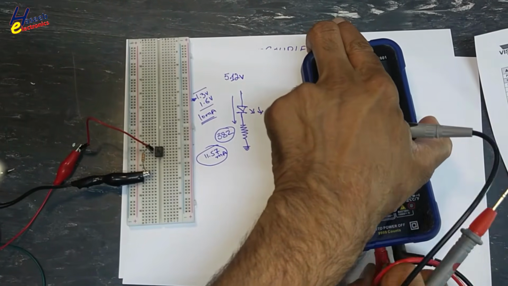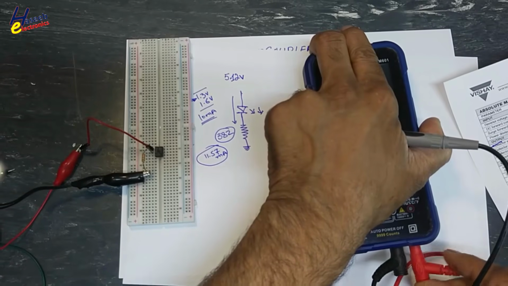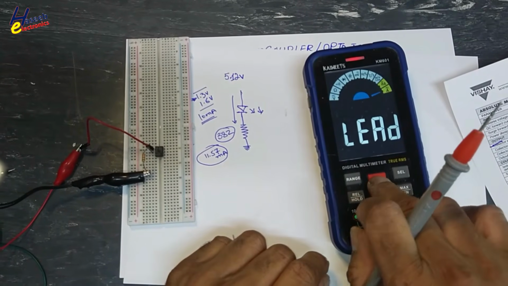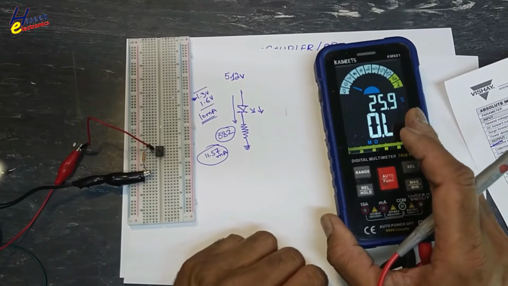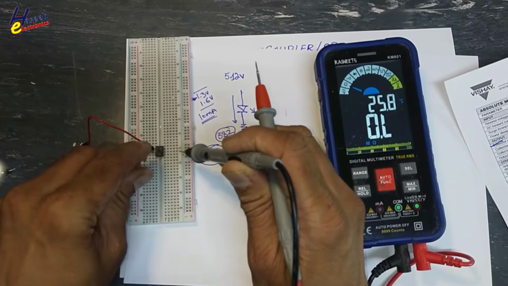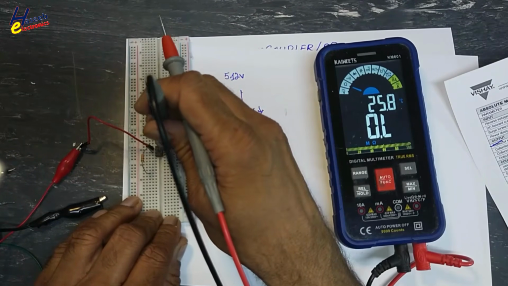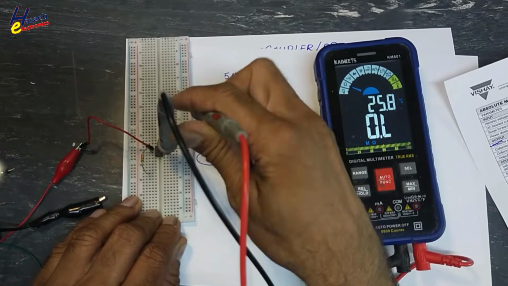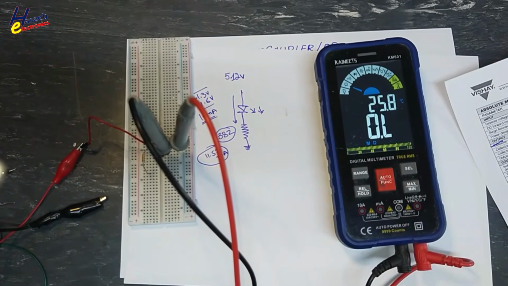If I will set multimeter to a resistance, and I connect between pin number 4 and 5, that are collector pin and emitter pin, black lead at emitter, red lead at collector, it is showing open circuit.